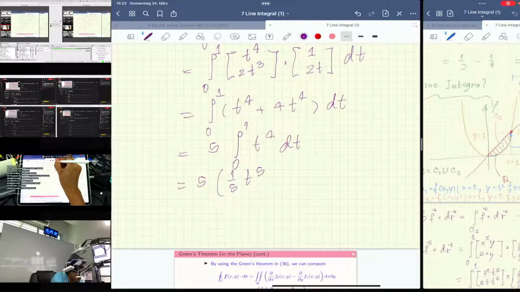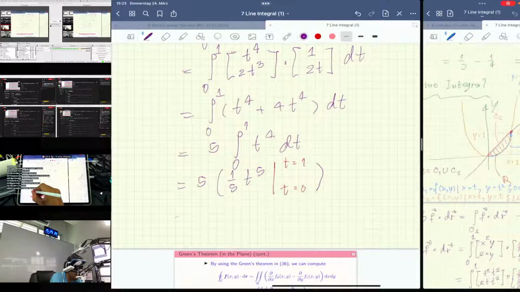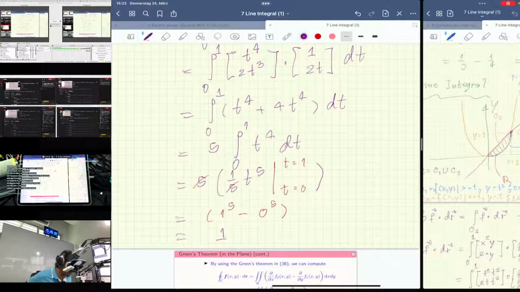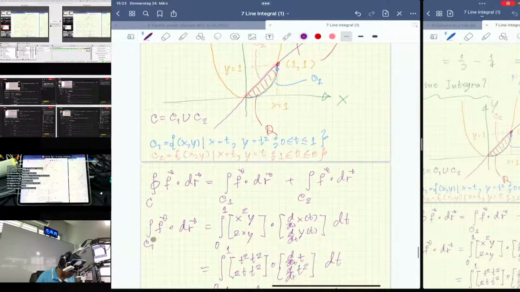Once you know that t starts from 0 to 1, you can cancel 5 and 5 here, and you get 1 to the 5 minus 0 to the 5, and that's equal to 1. It's not the final answer, just keep it, because this is the integration along the first contour. We need to have the integration along the second contour too.